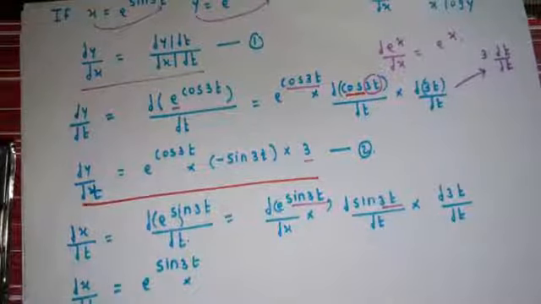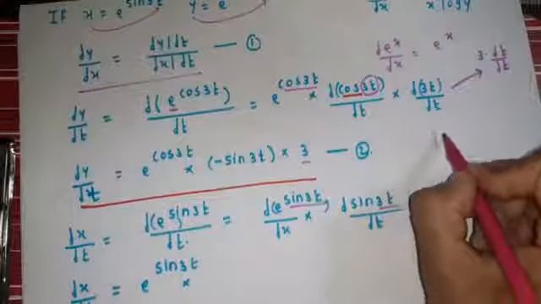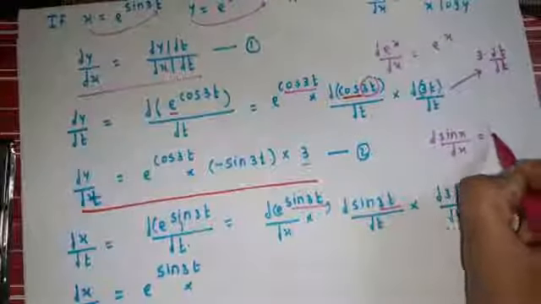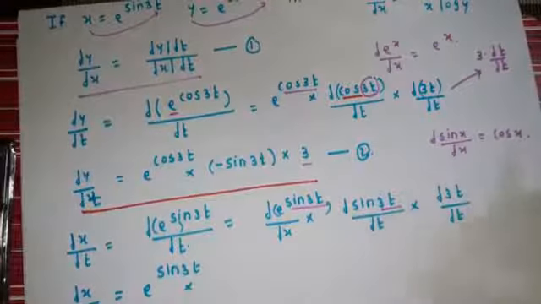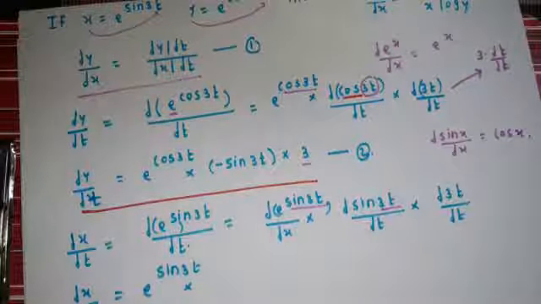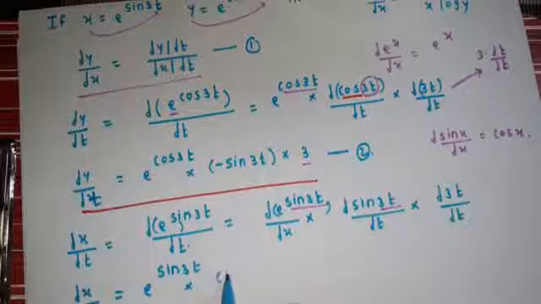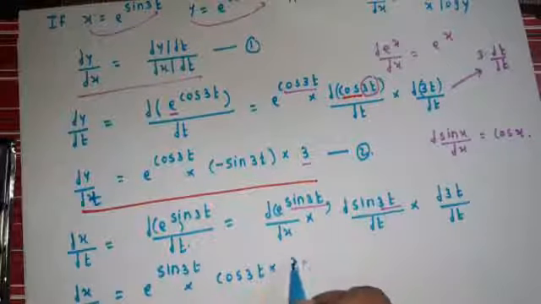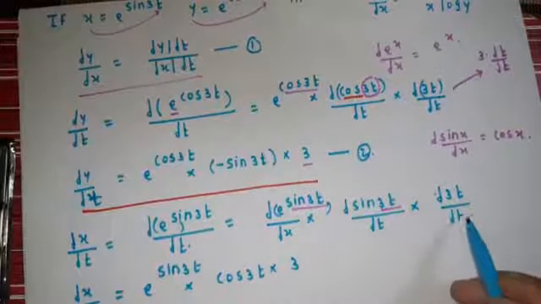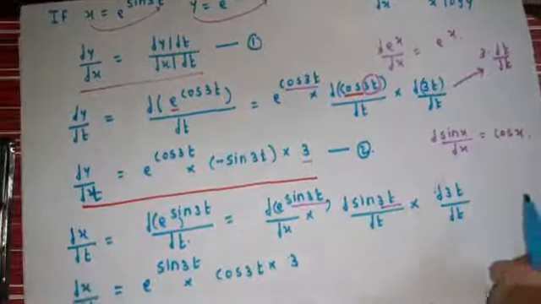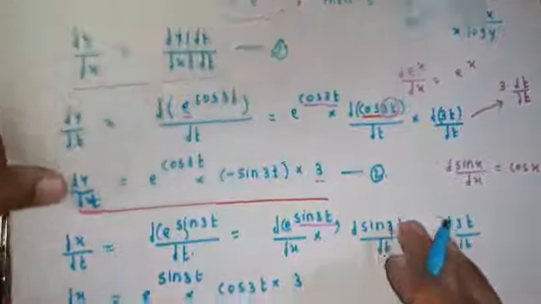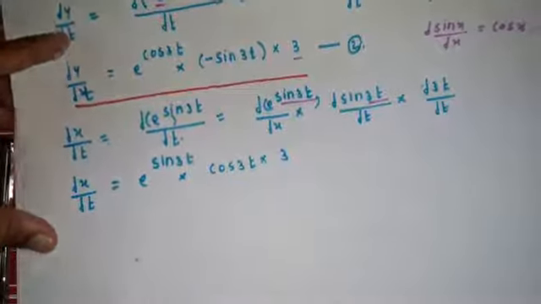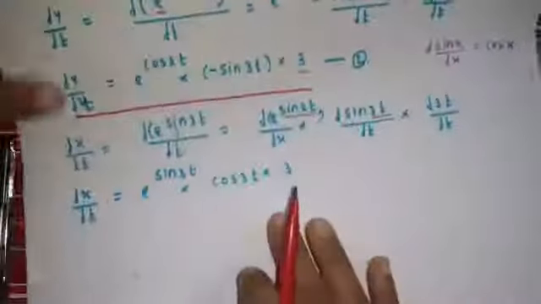So students, differentiation of sine of x is cos of x, and therefore differentiation of sine of 3t is cos of 3t into 3, since 3 is constant and differentiation of t with respect to t is 1. This is the differentiation of x with respect to t, and this is third.